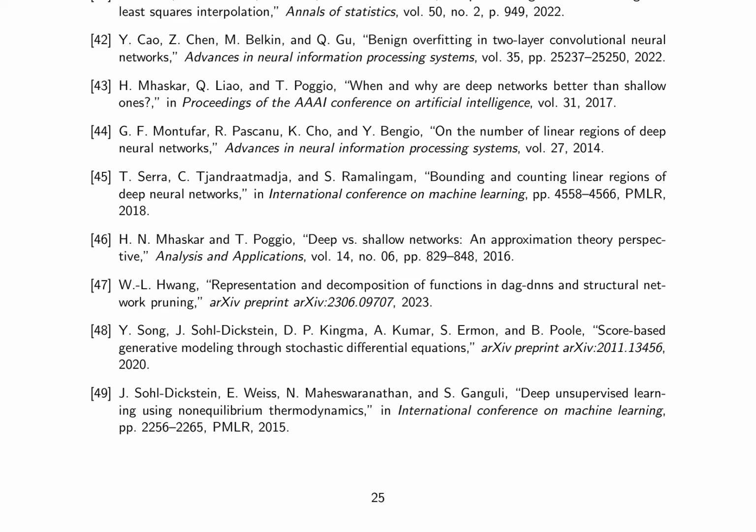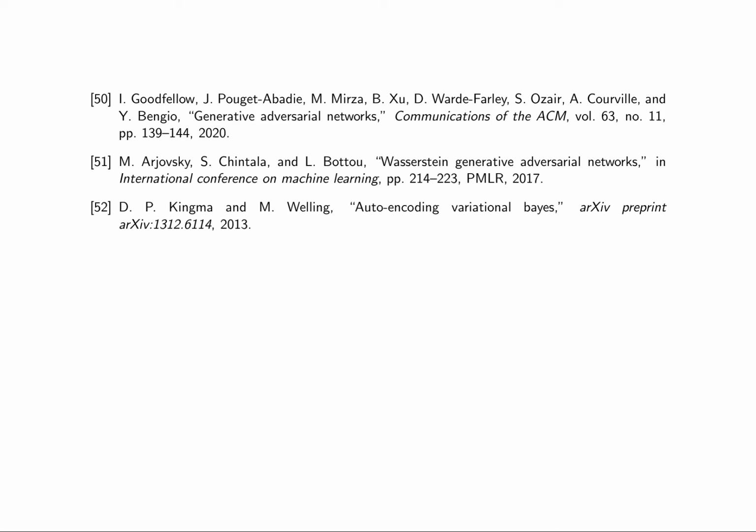The authors also cite Belkin et al.'s work on understanding deep learning through kernel learning, 40, Hastie et al.'s surprises in high-dimensional ridgeless least squares interpolation, 41, and Cao et al.'s benign overfitting in two-layer convolutional neural networks, 42. Furthermore, the paper references Mhaskar et al.'s analysis of when and why deep networks are better than shallow ones, 43, and Montúfar et al.'s work on the number of linear regions of deep neural networks, 44.